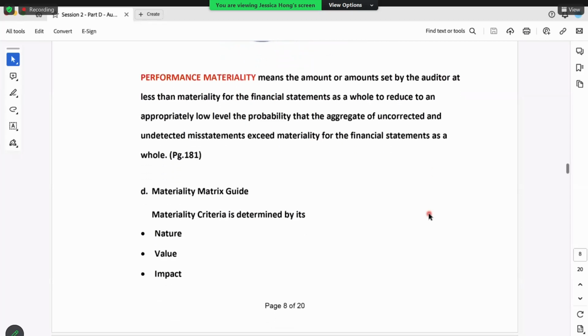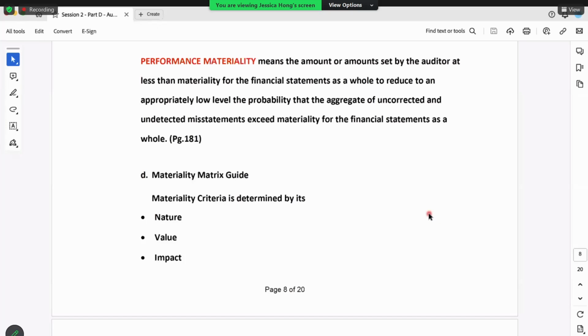In the materiality guide, we have guidelines that we set, where we say this is considered as material. In the exam, when they ask about qualitative materiality, they are referring to the nature. Quantitative materiality refers to the value, so it is material because of its value.